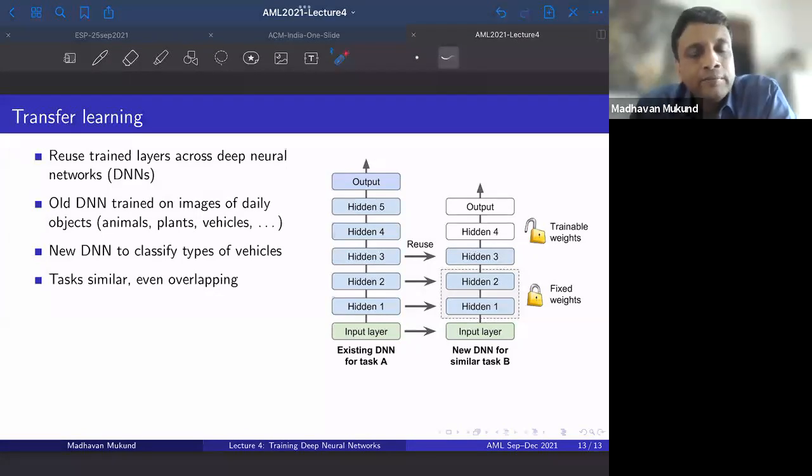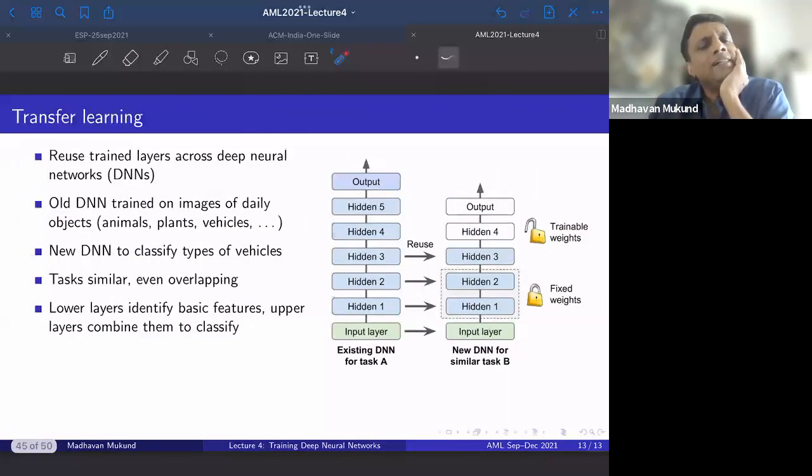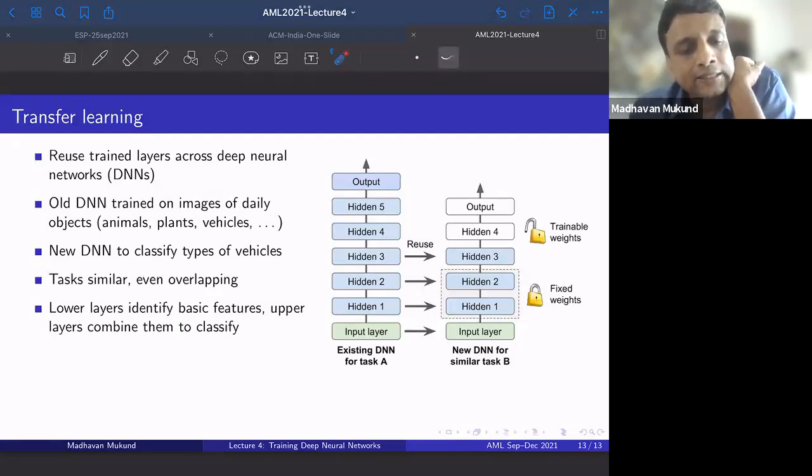Is there a curve? So the upper layers are combining these things, right? The lower levels intuitively identify, in an image setting at least, more basic features of your image. Where are the boundaries? Where are the horizontal edges? Where are the vertical edges? And so on. And the upper layers look at how these are combining to decide what kind of an image it is.